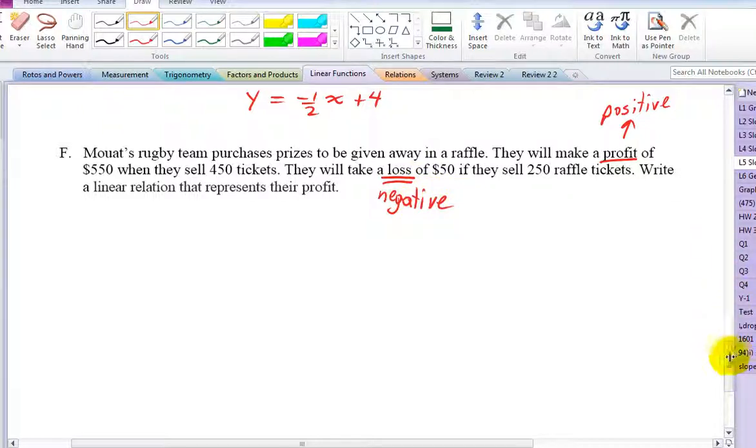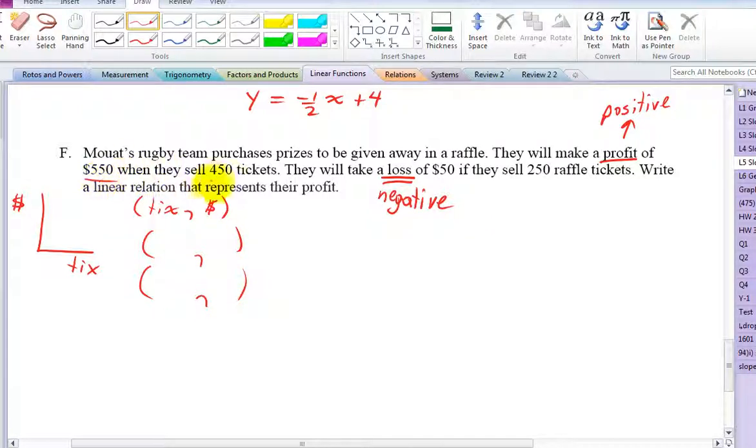Now, just to let you know, when you graph this, you'll put money on the left and tickets on the bottom. So when you're finding your points, it'll be tickets first as your x value and money second as your y value. So what are the 2 points that we tell you in this question?